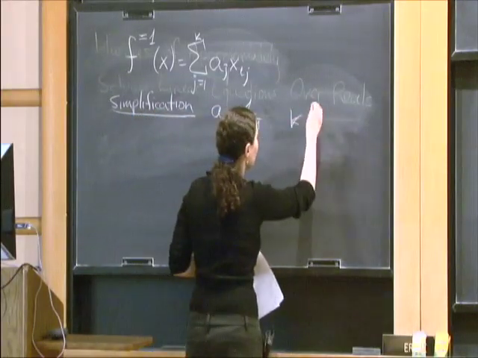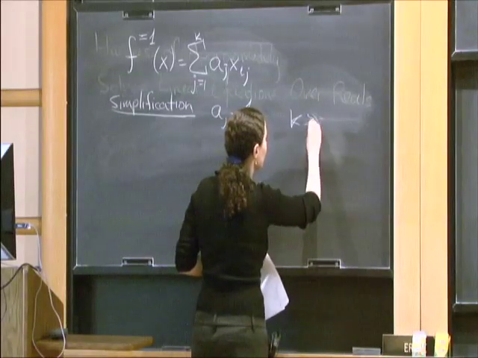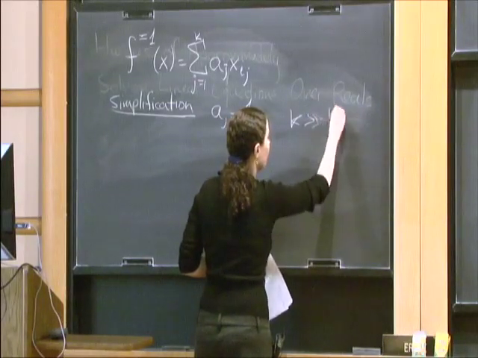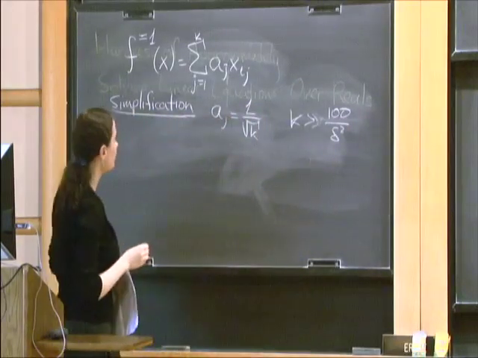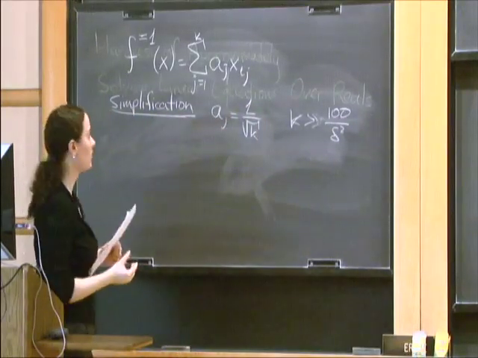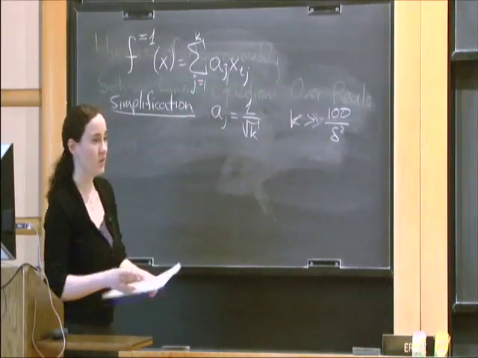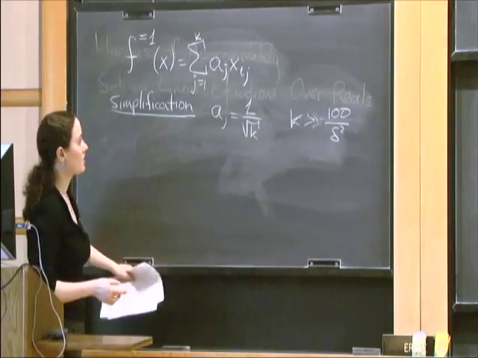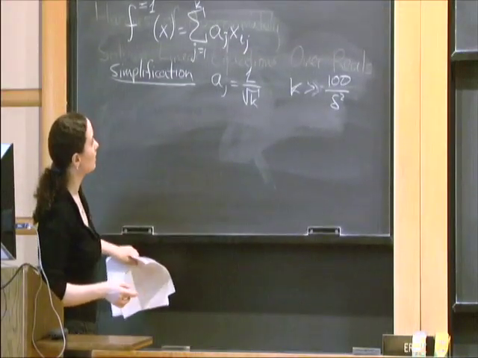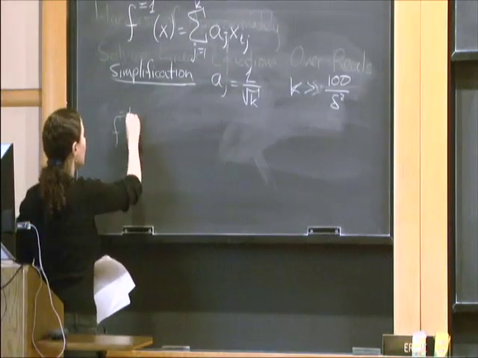And K is large, so it's larger than 100 over square root delta. In general, we can have different coefficients, but the same analysis will essentially carry through.